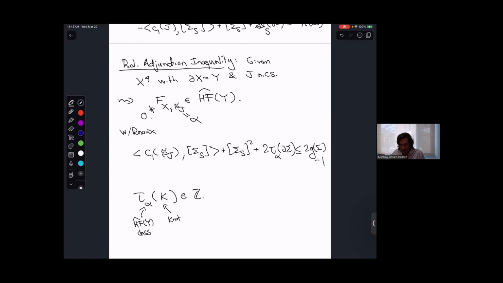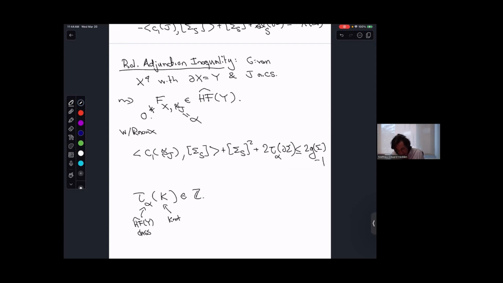If you have a filtered chain complex, any homology class for the homology of that complex gets assigned a number, which is like the minimum filtration level where that class starts to be seen in the filtration of the homology associated with that spectral sequence. In the more symplectic world, these are sometimes referred to as the spectral invariants.